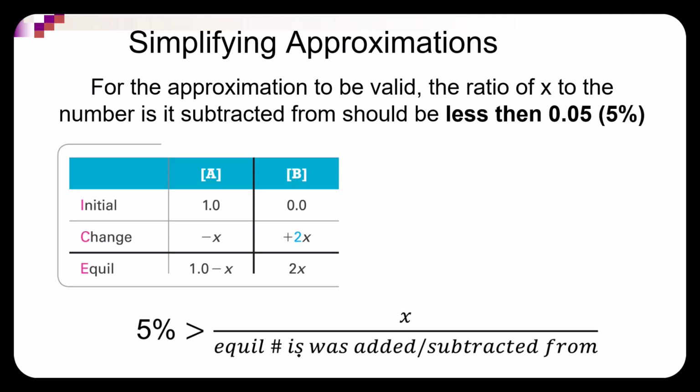To make sure that x is in fact small enough to not affect the overall outcome, we will take x, whatever that value ends up being, divide it by whatever number it was added or subtracted from, and then make sure that that's less than 5%. Okay, so let me rewrite what we had going on over here.